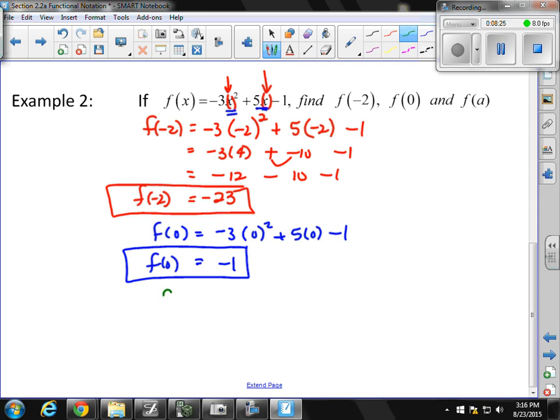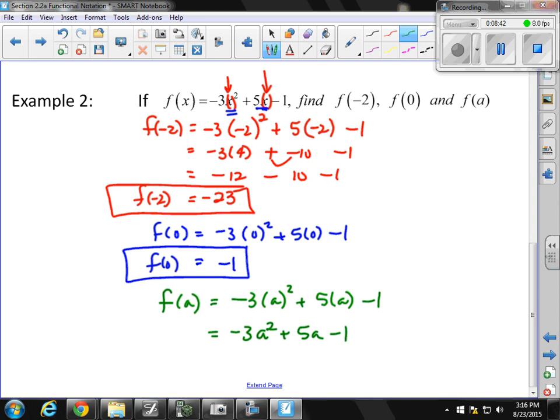And the last one, we're asked to find f of a. So negative 3 times a squared plus 5 times a minus 1. I don't need my parentheses here, but I am still going to have an expression with a variable in it. This time the variable has changed to a.